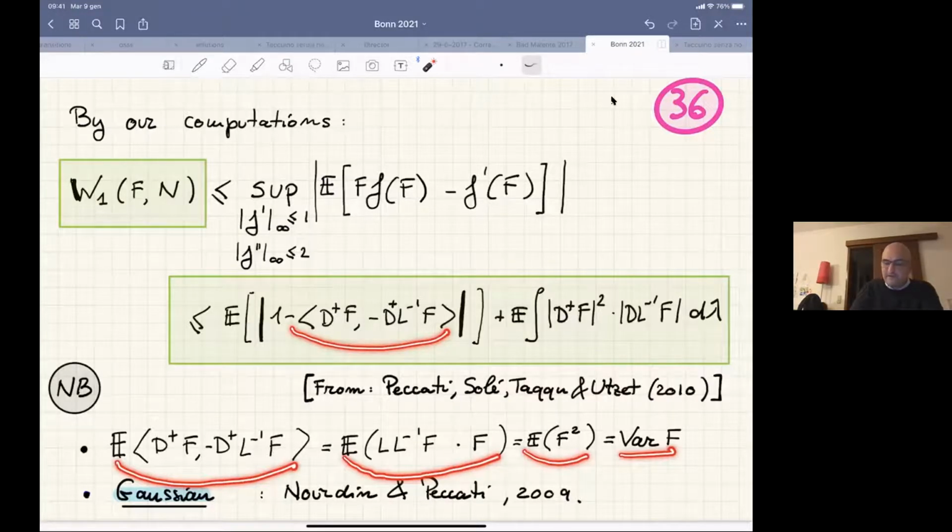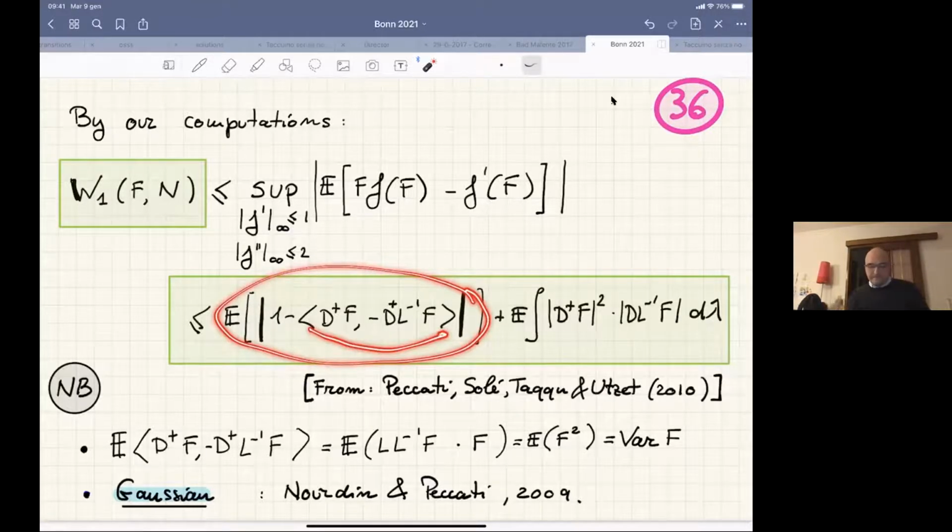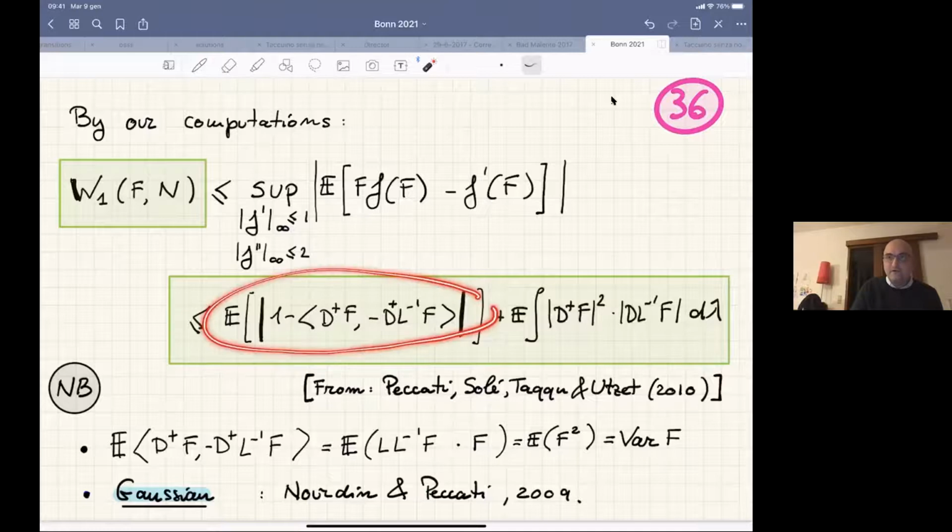Okay. So in particular, if the variance of f is 1, then this is actually the first absolute central moment of this inner product. Okay, now this is the point where, since this is an expectation in L1 norm, I can bound it with an L2 norm.